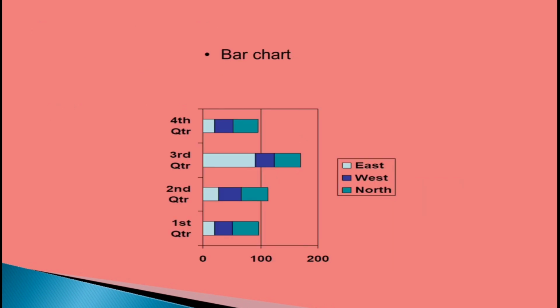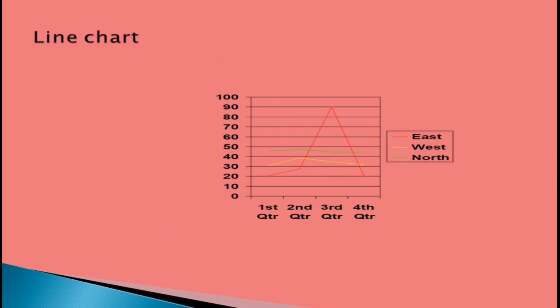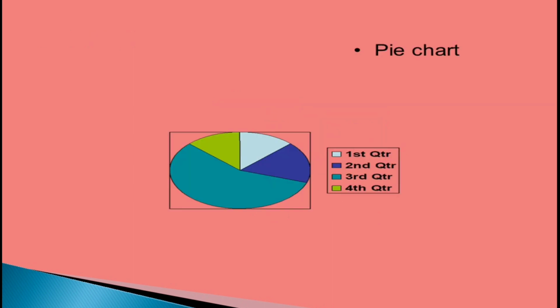So here you can see an example for you. Then line chart and pie chart. These two are also very common, and you will find this type of question in your examination. So dear students, you have to know these 4, though there are different types of graph and chart.